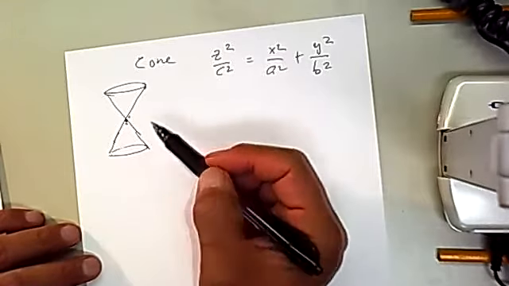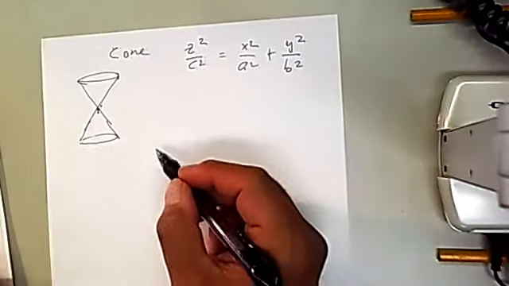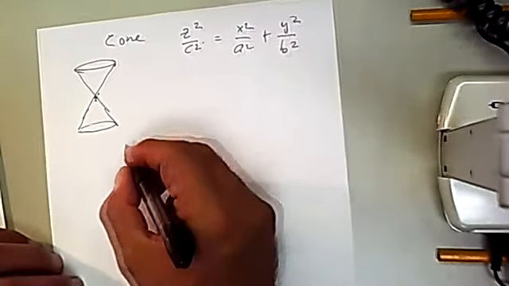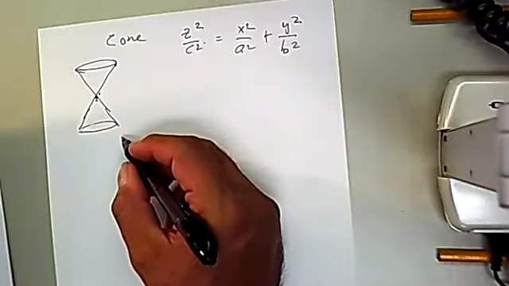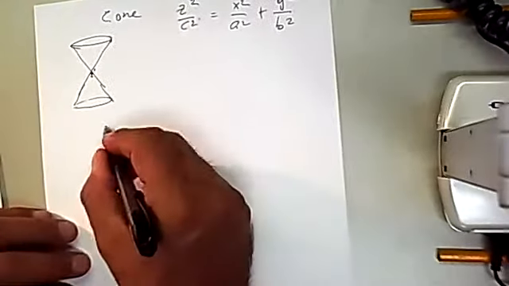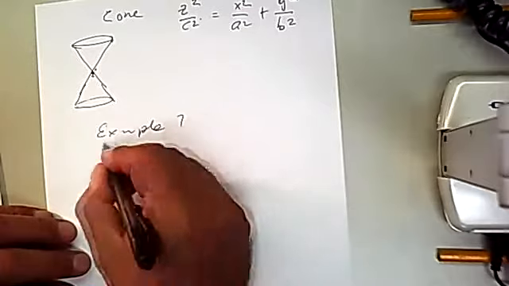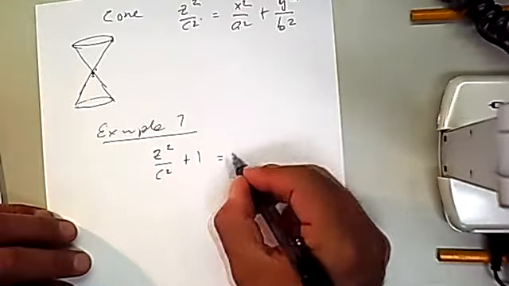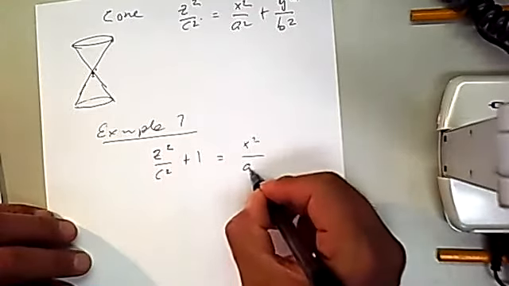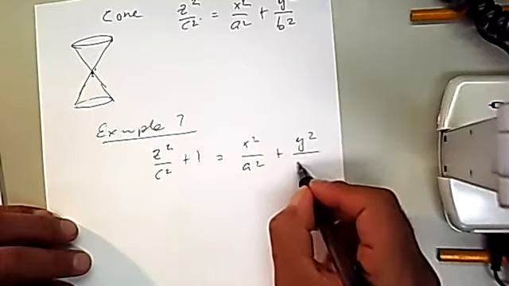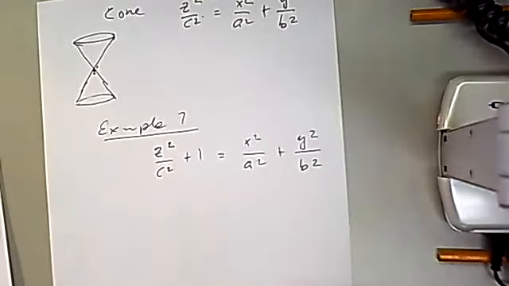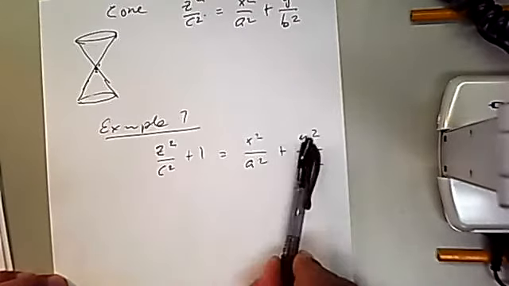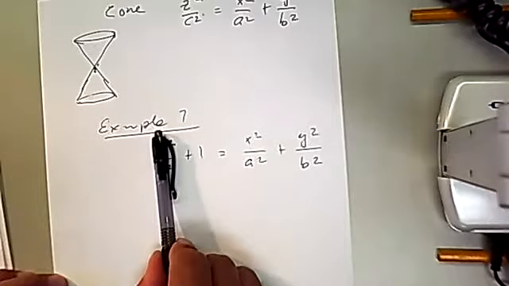The reason why I have to emphasize that is because if we add 1 to this z squared over c squared, then we have our next example, example 7. So if we have z squared over c squared plus 1 equals x squared over a squared plus y squared over b squared, this means that when z is equal to 0, so this portion vanishes, we have at least an ellipse to start with.